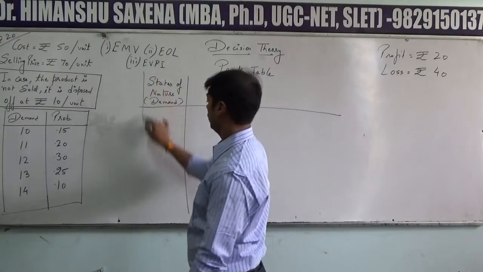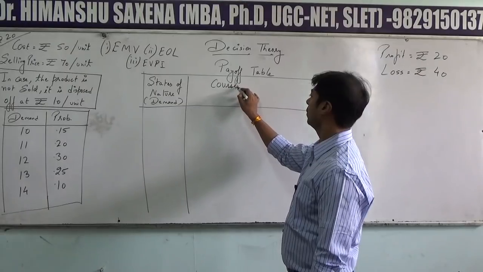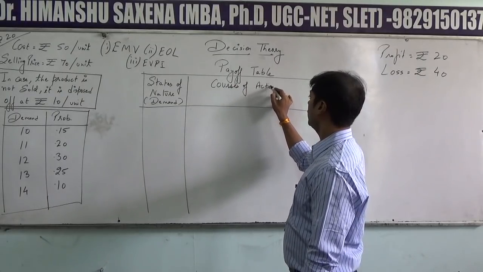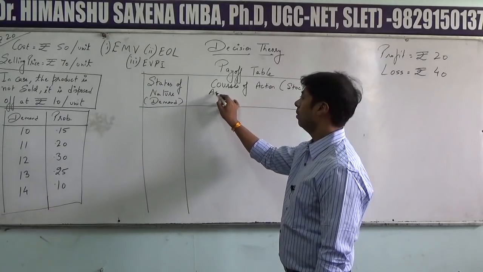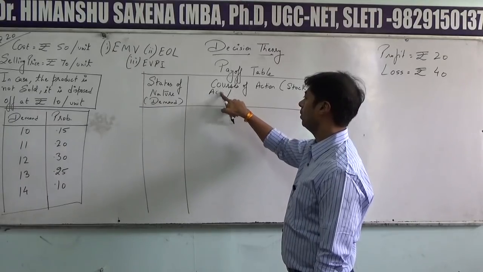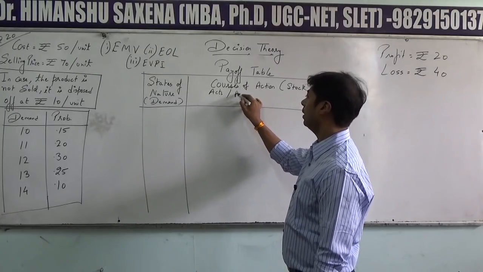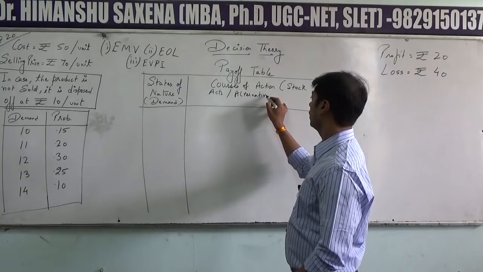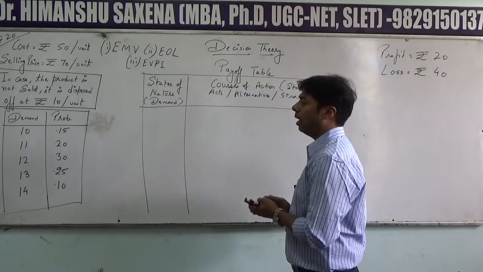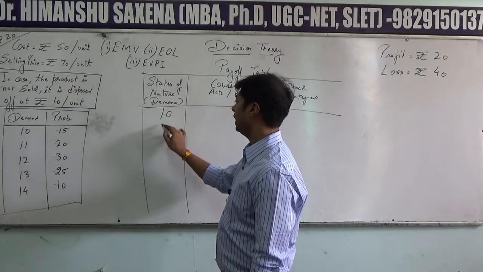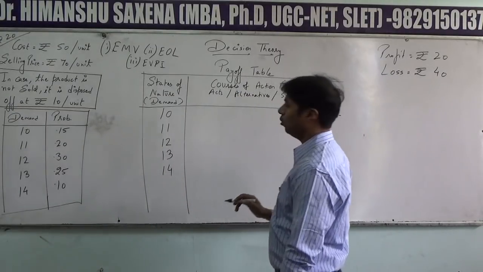Then you will have courses of action, that can also be referred to as stock, also popularly known by the name of acts or alternatives or strategies. Now demand given in this question is from 10 till 14, right? That is the demand over here.